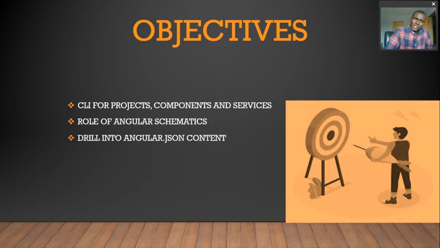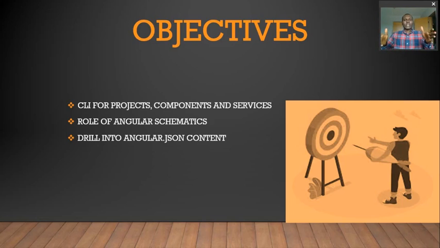But what are the objectives to achieve? All right, we have just three objectives. Number one, the CLI for what? For project, CLI for component, CLI for services, and CLI also for directives, pipes, and other things.